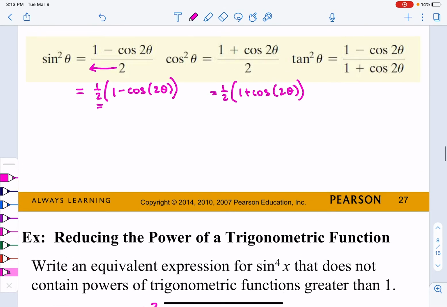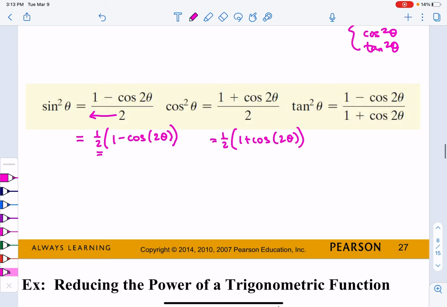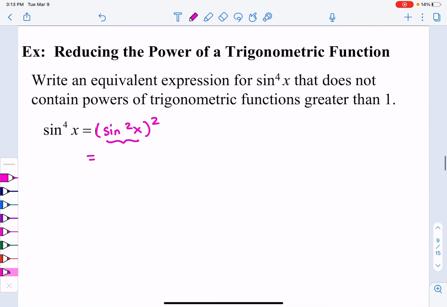We're just going to go right up here. So if I have my sine squared, I'm going to replace it with this piece, 1 minus cosine of 2 theta divided by 2. So I'm going to have a 1 minus the cosine of 2 theta, although we don't have theta, we have x. 2x divided by 2, and that's going to be squared.